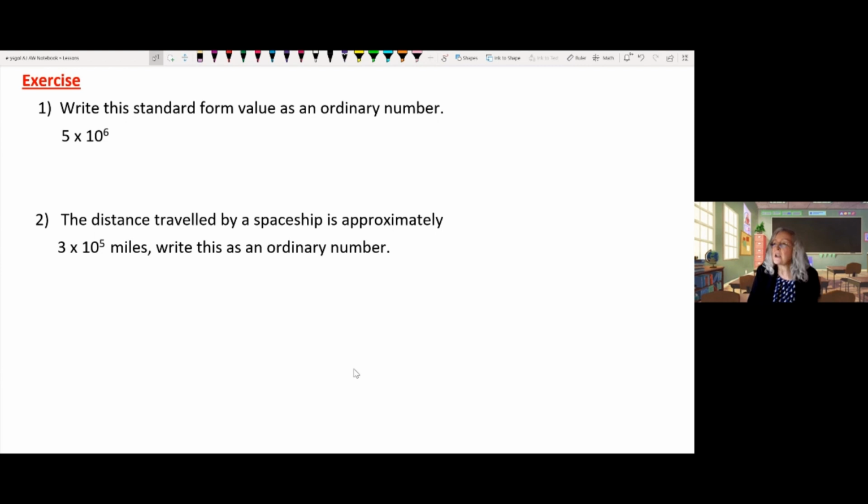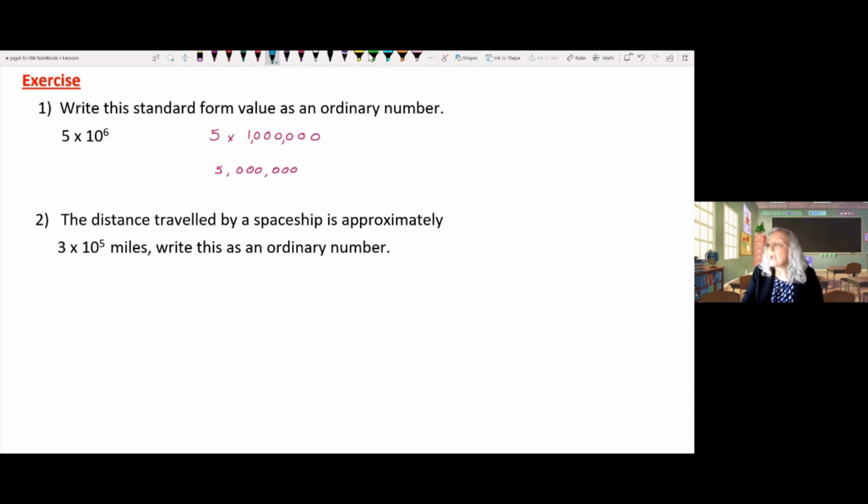Okay, let's have a look and see how you've done with these. For the first one, I've got to do 5 multiplied by 10 to the power of 6. So I've got 1, 2, 3, 4, 5, 6 zeros. So that is 1,000,000, and my answer here is going to be 5 million.